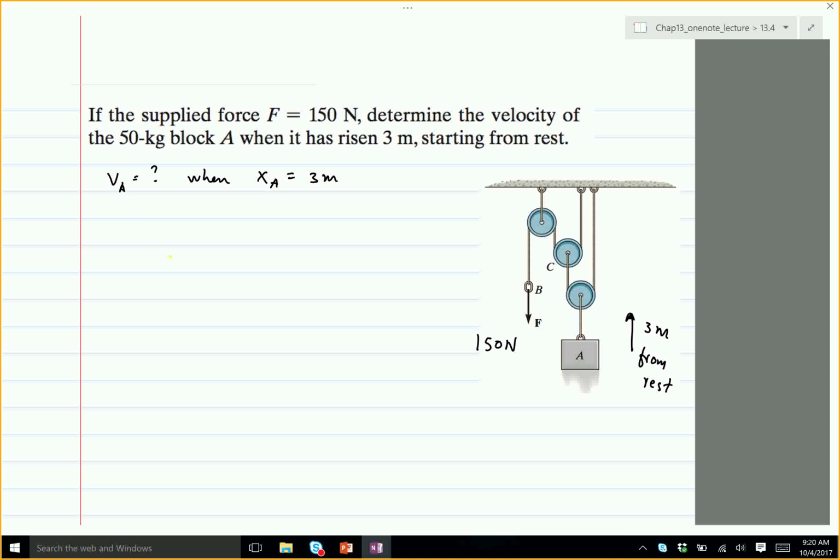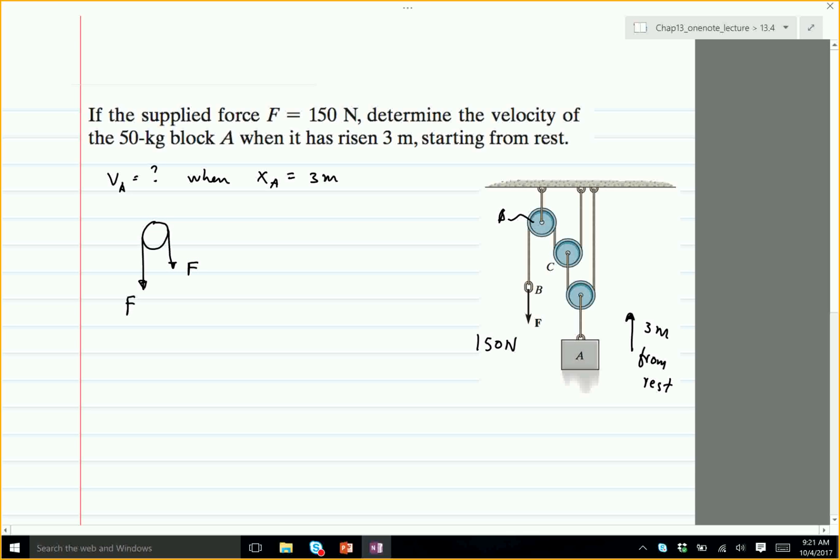So let me start doing that. Let me call this pulley B. This is force F acting down. Now, one thing which is not given here, and you've got to assume this, is that the pulleys are massless. We'll see problems where the pulleys have mass later on. When the pulleys are massless and the string is inextensible, the force is actually transmitted through the pulley.